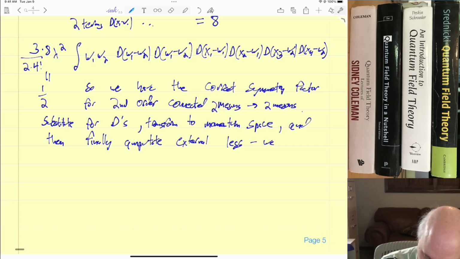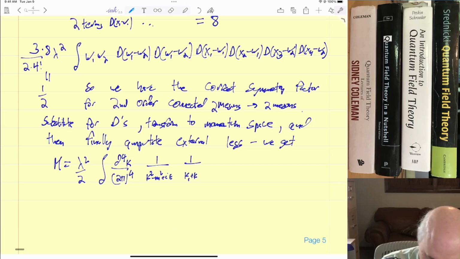We get exactly what we wanted. M is equal to lambda squared over 2 times the integral d4k over 2 pi to the fourth, 1 over k squared minus m squared plus i epsilon, times 1 over (k1 plus k2 minus k) squared minus m squared plus i epsilon.